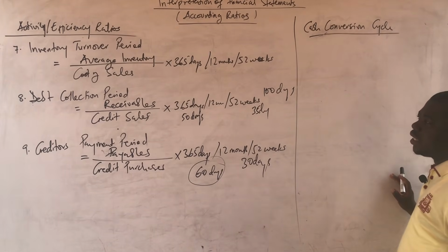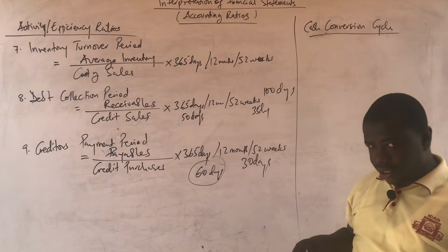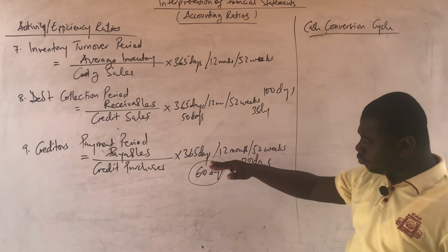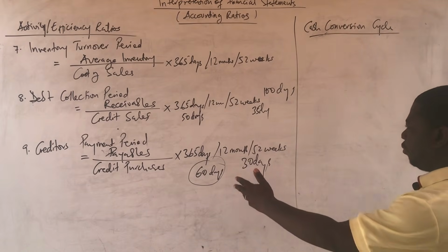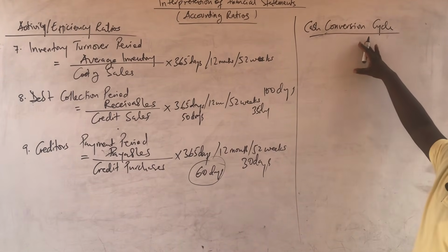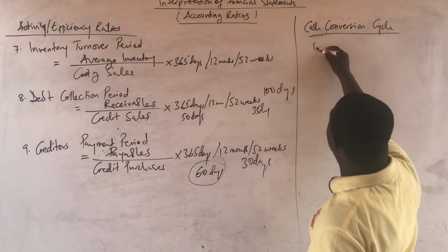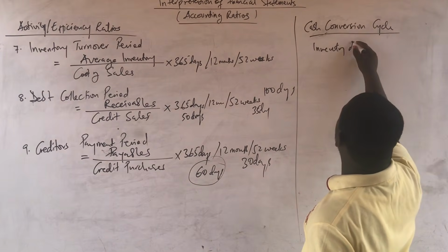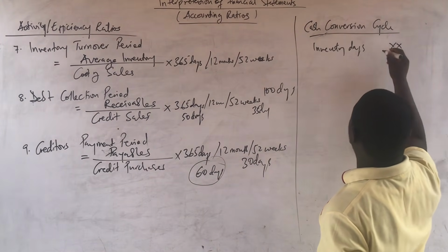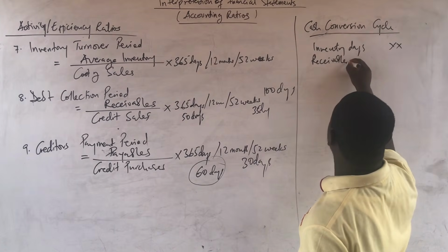Now take note that two of them are assets, receivables and inventory, and then the creditors are relating to payables, liabilities. And so it is the assets minus the liabilities. So it's going to be your inventory days plus your receivables days, or the debt collection period.